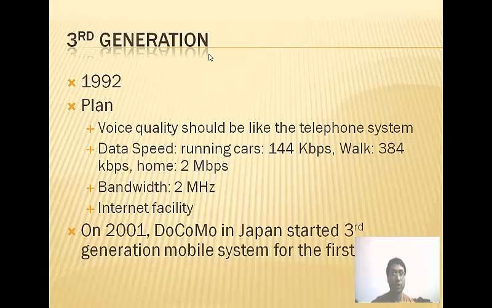Bandwidth is 2 megahertz, and it also provides internet connectivity. So internet connectivity started with that third generation. In 2001, Docomo in Japan started the third generation mobile system for the first time.